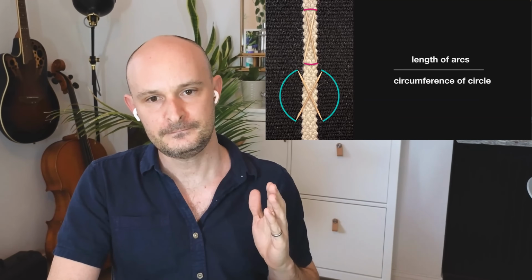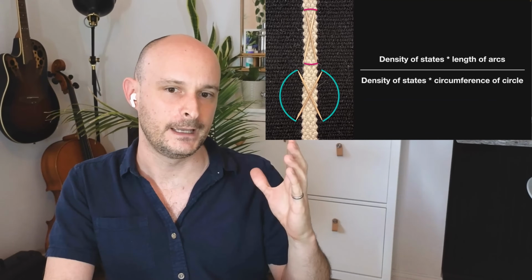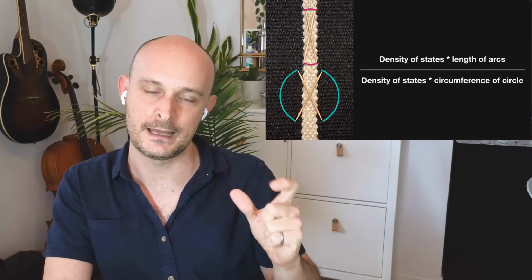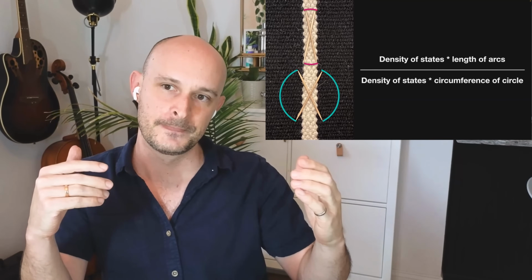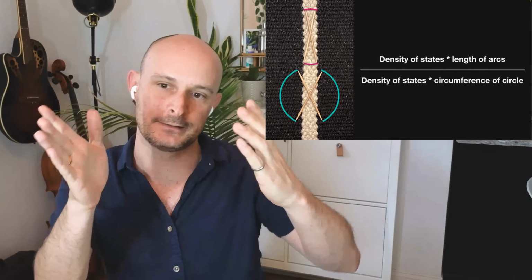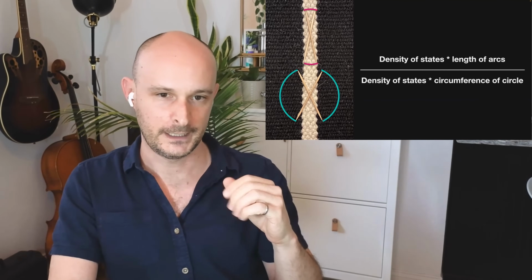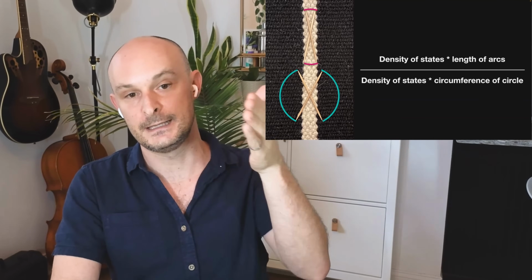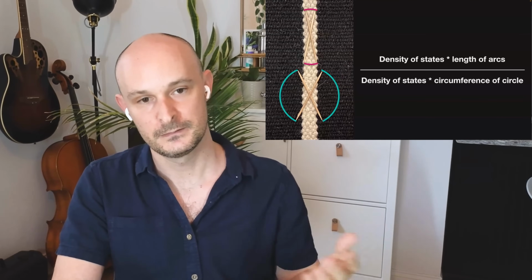Another way to think about this is the length of these arcs times the density of states. In other words, how many different orientations are allowed along that arc. Another way to see that this ratio should be the same as the last one is that density of states divided by density of states is just 1, right?